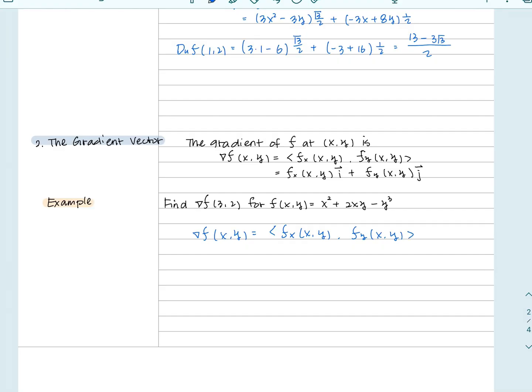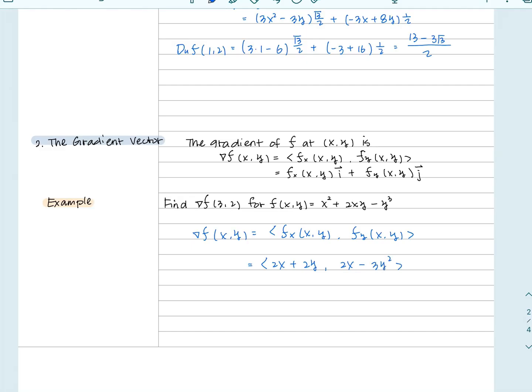You can just find the partial derivative of the function with respect to x and also with respect to y. With respect to x, the derivative will be 2x plus 2y and then minus 0. And then let's differentiate with respect to y, then that's 0 plus 2x minus 3y squared.